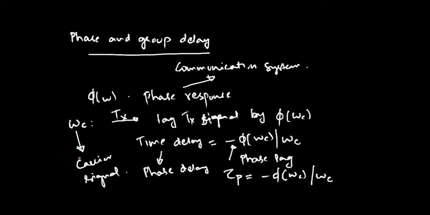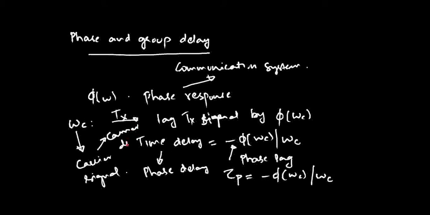It is only used as a carrier to carry the message signal, and the message signal is the one which carries the original information. So this delay, the phase delay, actually refers to the delay of the carrier signal, and it is not of much importance to us, because this is not the actual signal that is supposed to be transmitted. So this delay is also referred to as carrier delay.